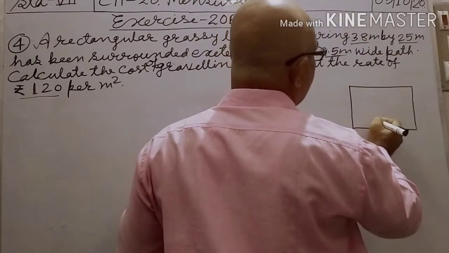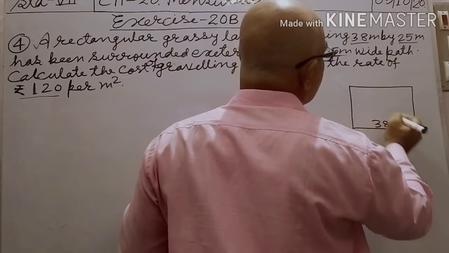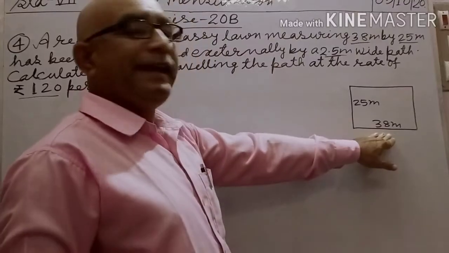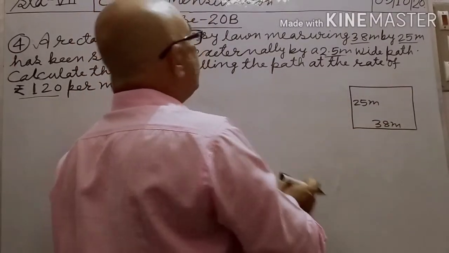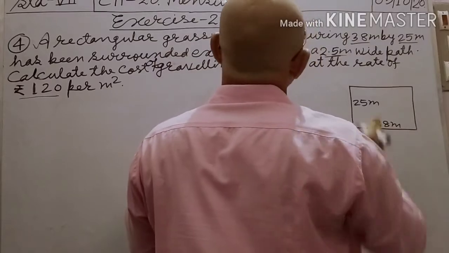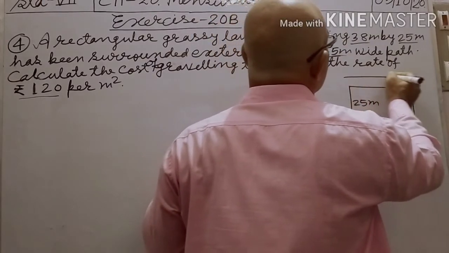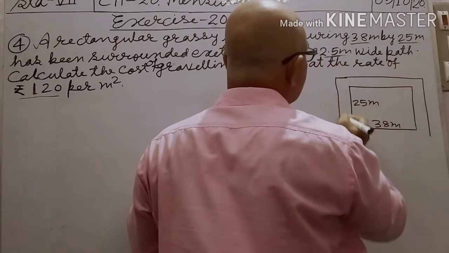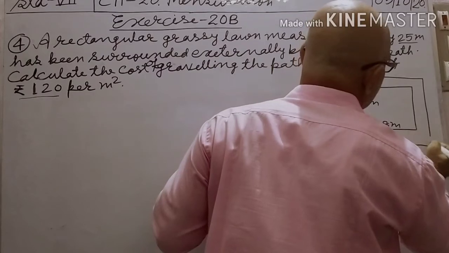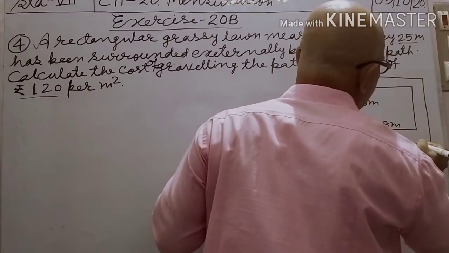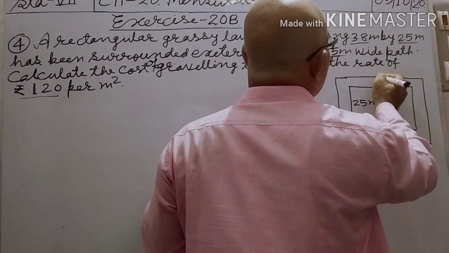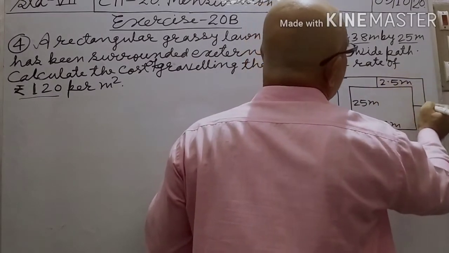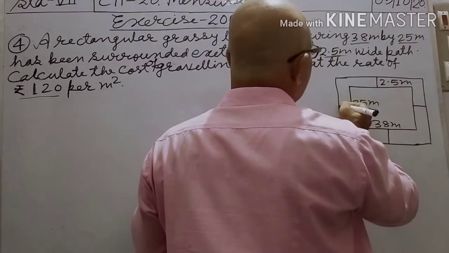Length 38 meter and breadth 25 meter has been surrounded externally. 2.5 meter path, 2.5 meter this side, and this side also.